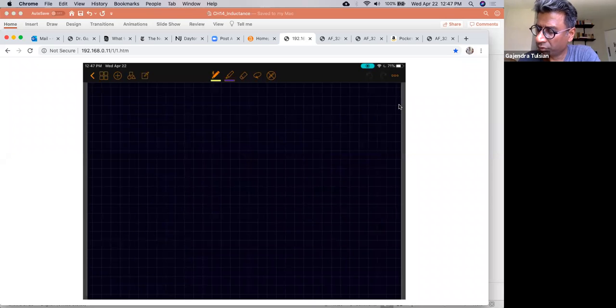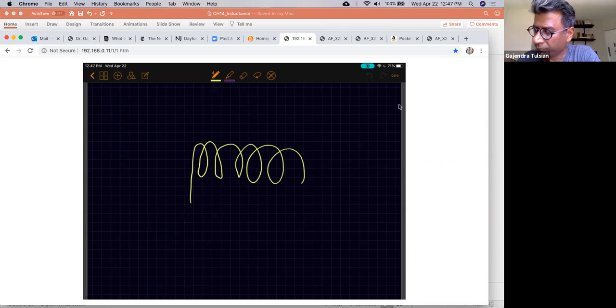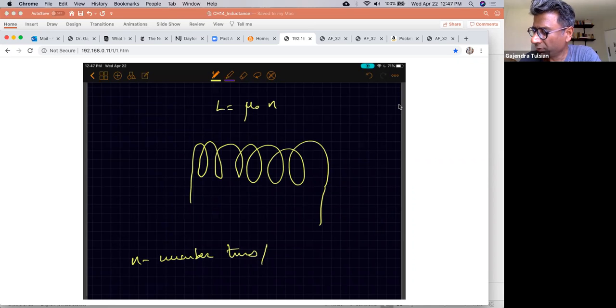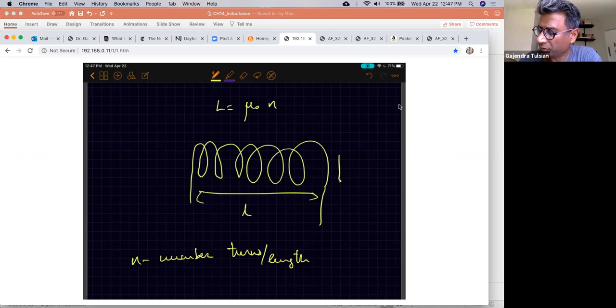So for a solenoid, L, the self-inductance, is mu naught n squared A L. n is the number of turns per unit length, L is the length of the coil, and A is the area of cross-section.